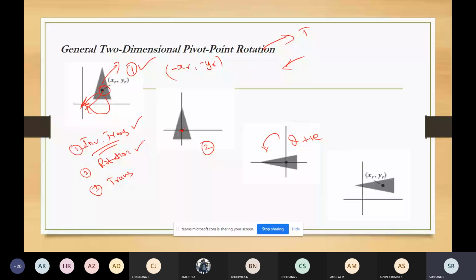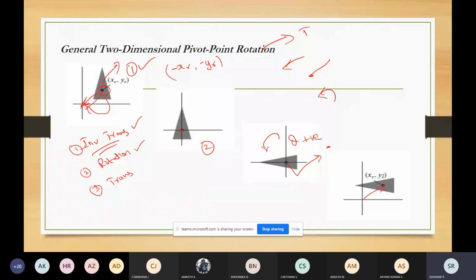Because you want to move that back to the initial position. First I brought it to the origin, I performed rotation, then once I got the result, I'm moving this back to the same position XR comma YR. So this is the sequence of steps involved in rotation: move to the origin by inverse translation, perform the rotation, then again do the translation.